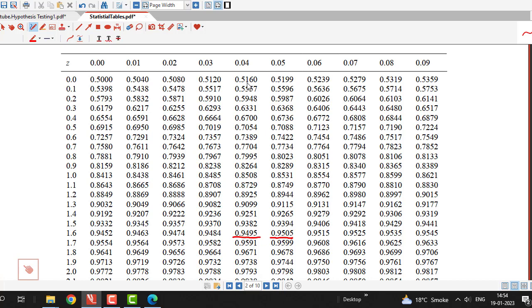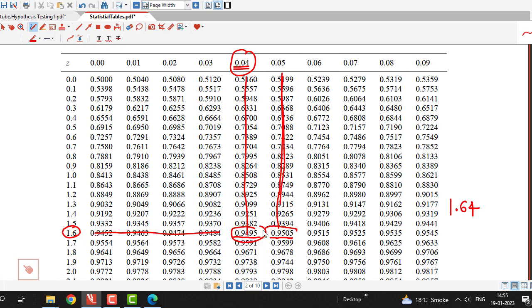So what we can do is we can take the average of Z values corresponding to these two values. So here the value of Z corresponding to this row is 1.6, here it is 0.04. So for this area corresponding value of Z is 1.6 plus 0.04, that is 1.64.